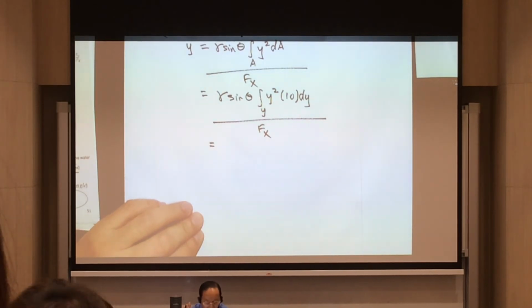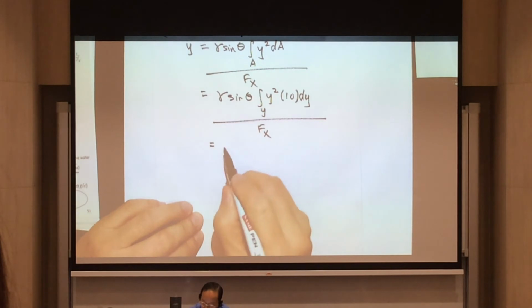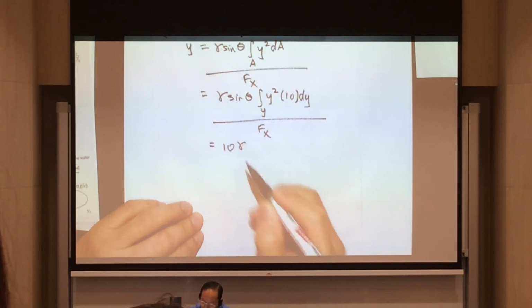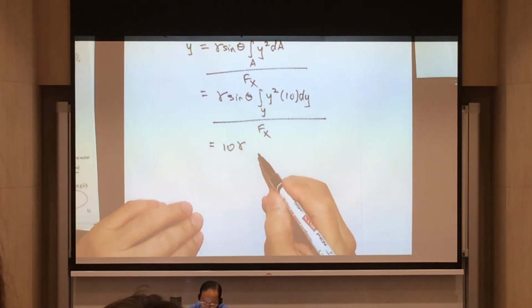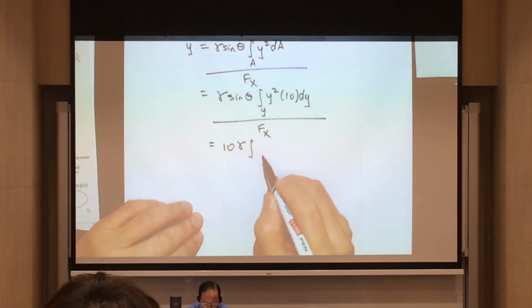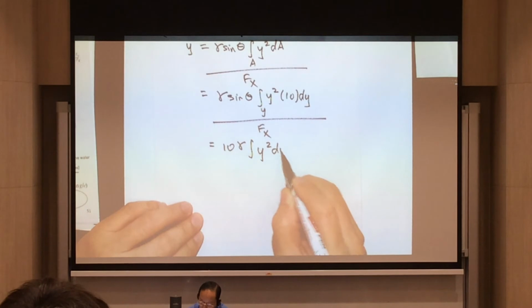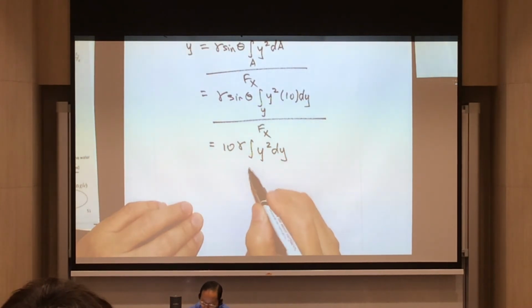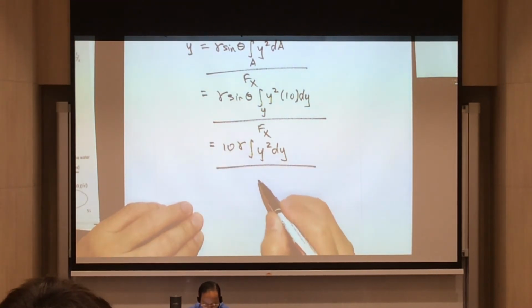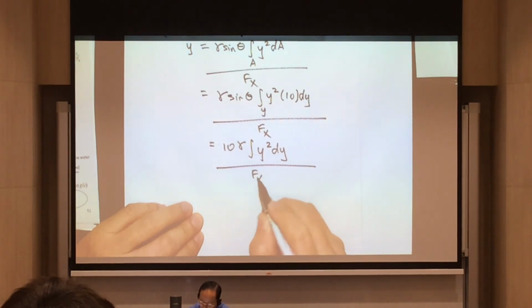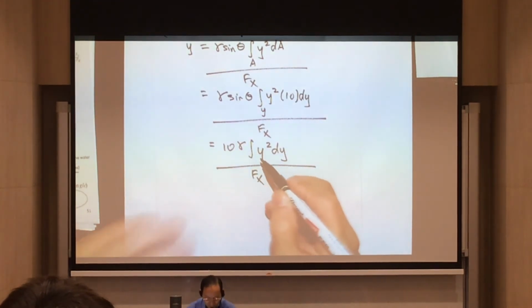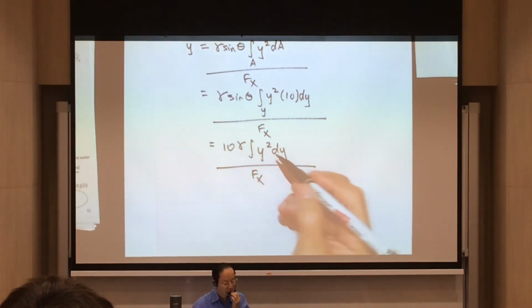We know sine theta is 1, because theta is 90 degrees. So you take out a 10, becomes 10 gamma, and sine theta equal to 1 because it's 90 degrees. So integrate across y, the y squared dy, and what would the boundaries be?